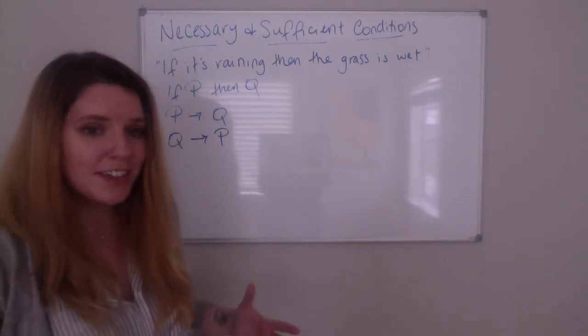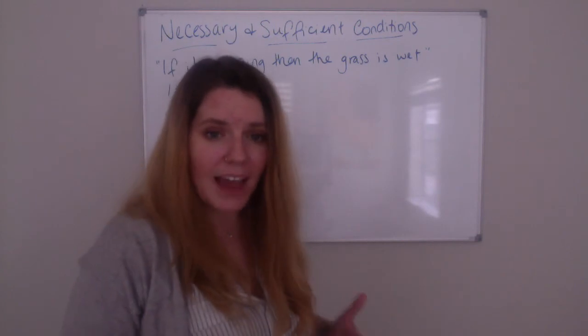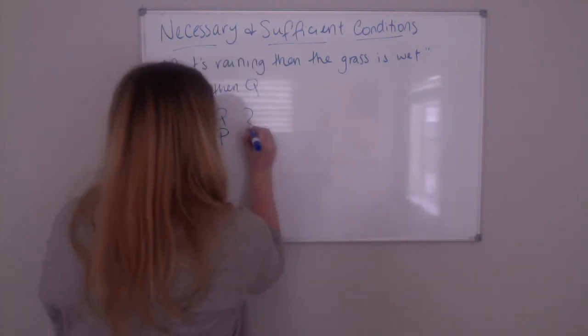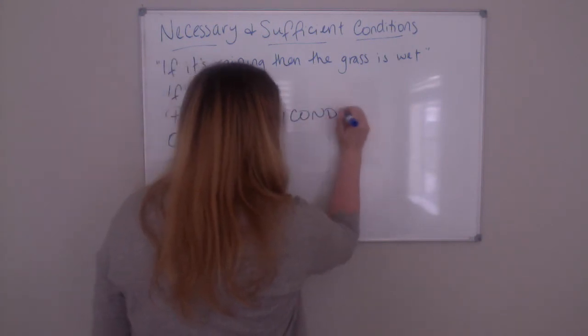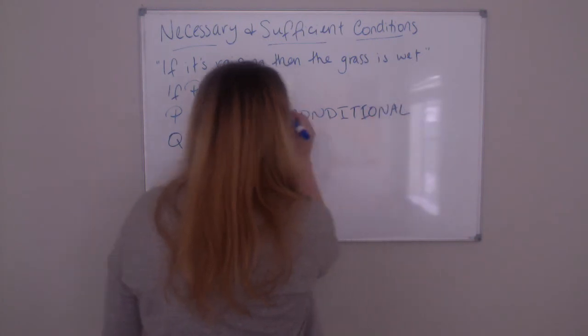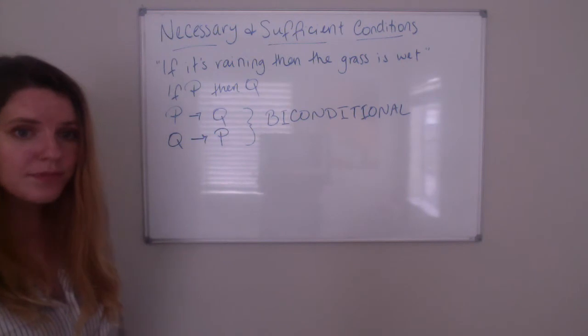There's actually a word that we can use for this. It might seem kind of obvious, but we call this a biconditional claim. So here we'll say this is a biconditional claim when you have two conditionals.